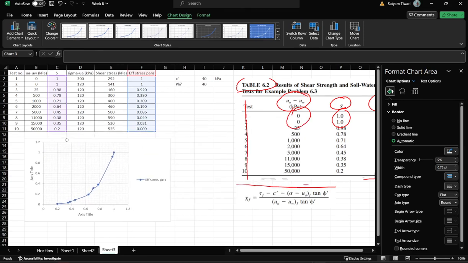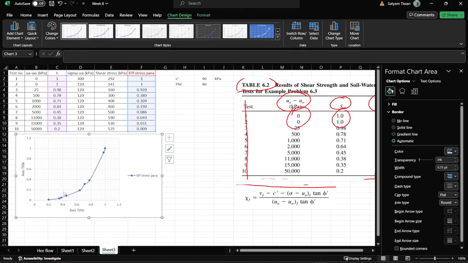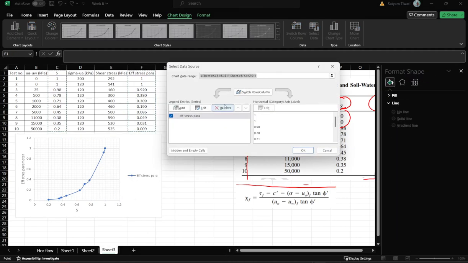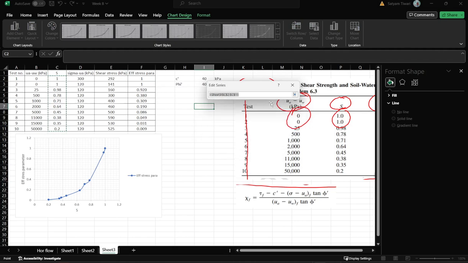So this one is for the effective stress parameter, and the y-axis I want to be the effective stress parameter, chi, and the x-axis I want to be degree of saturation. Let's check the data, add it. The x-axis is degree of saturation and the y-axis is effective stress parameter.